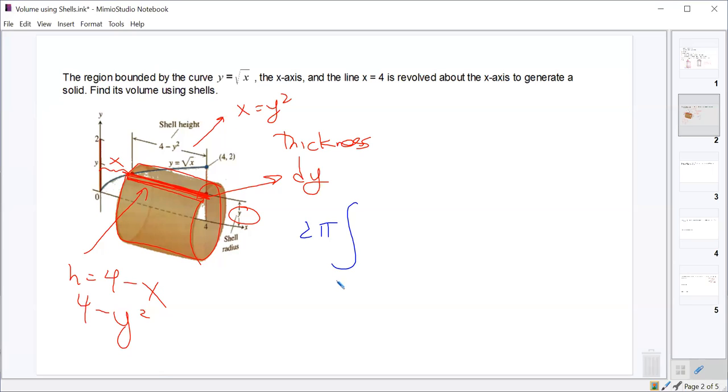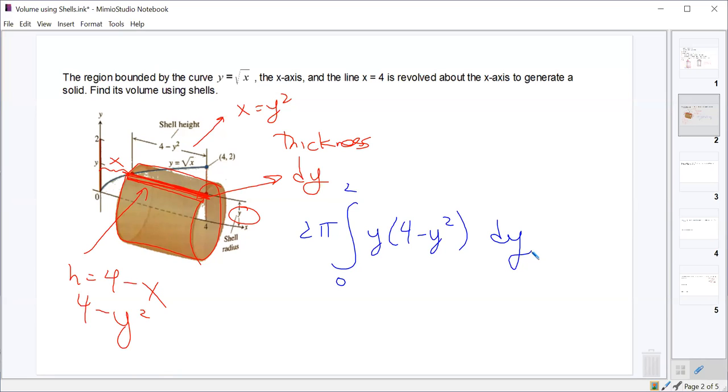So we're going to do 2 pi times the integral from 0 to 2. And then we had our radius, y. We had our height, that was 4 minus y squared. And we'll distribute that y through, and then we will integrate. Does that make sense?